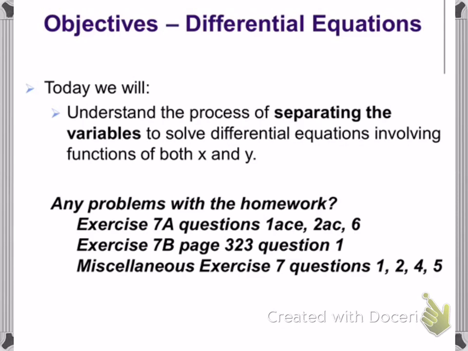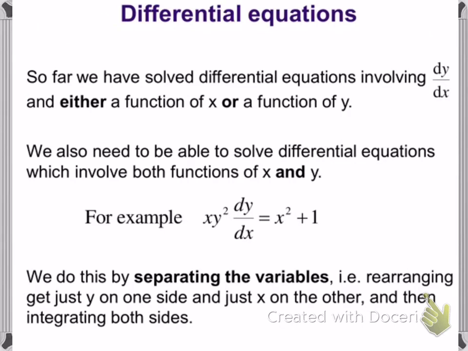So today we're going to understand the process of separating the variables to solve differential equations of both x and y. So far we have solved differential equations involving dy by dx and either a function of x or a function of y.